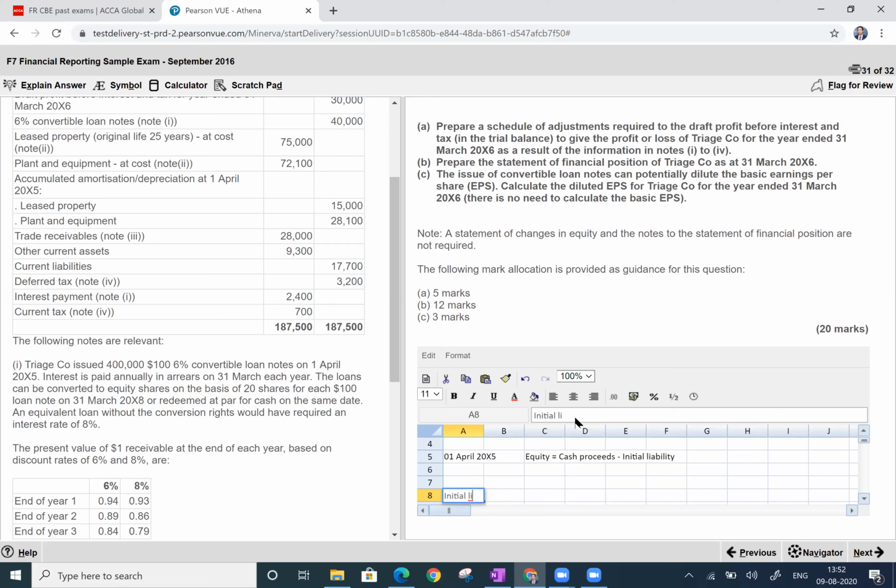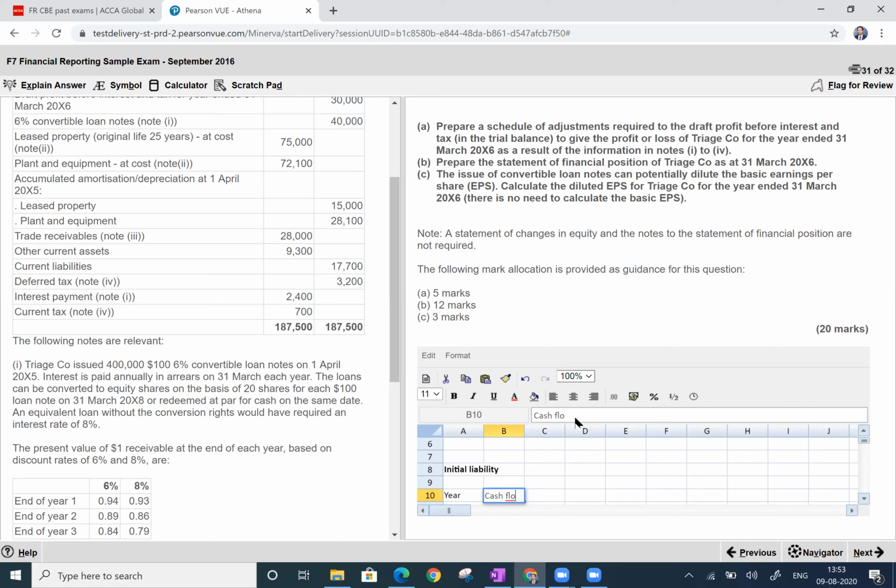We have already done this type of question in our single entity class as well. Initial liability is nothing but present value of interest plus present value of principal repayment. So we have to calculate present value here.